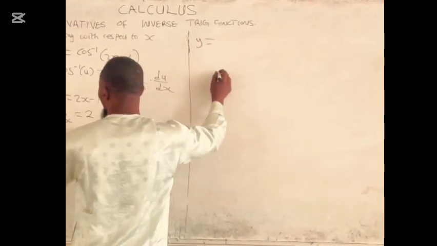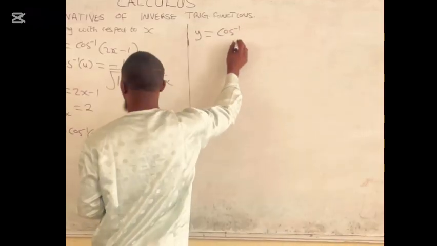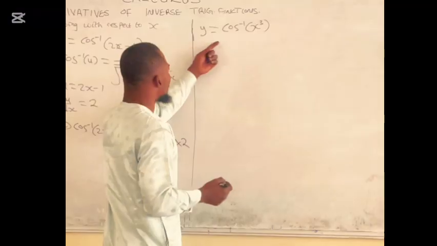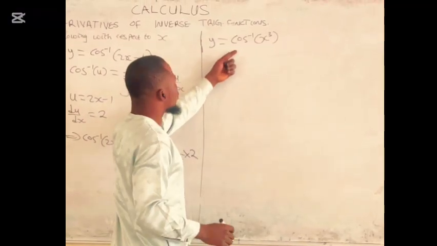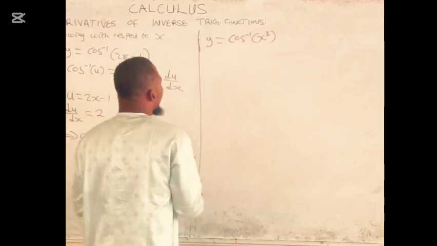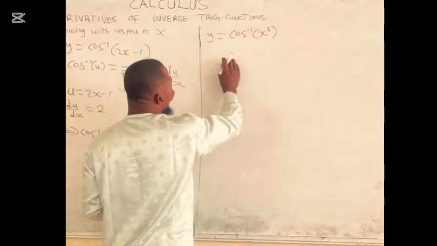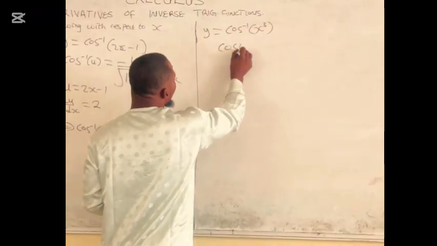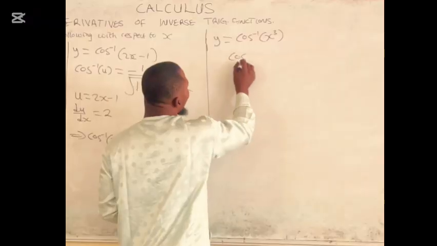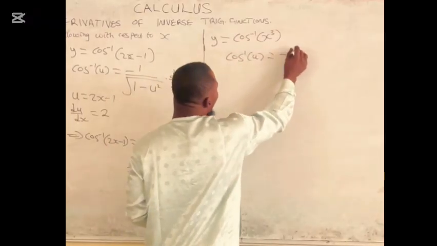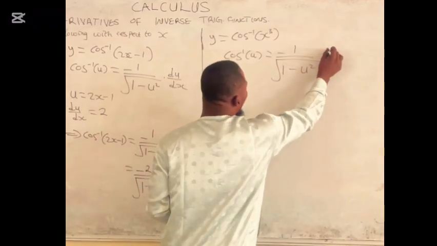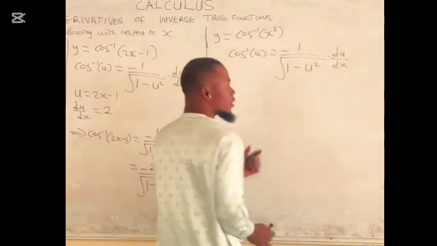Question 4 is cos inverse of x cubed. Using the identity of cos inverse of u, the derivative of cos inverse of u is equal to minus 1 divided by the root of 1 minus u squared, multiplied by du over dx.